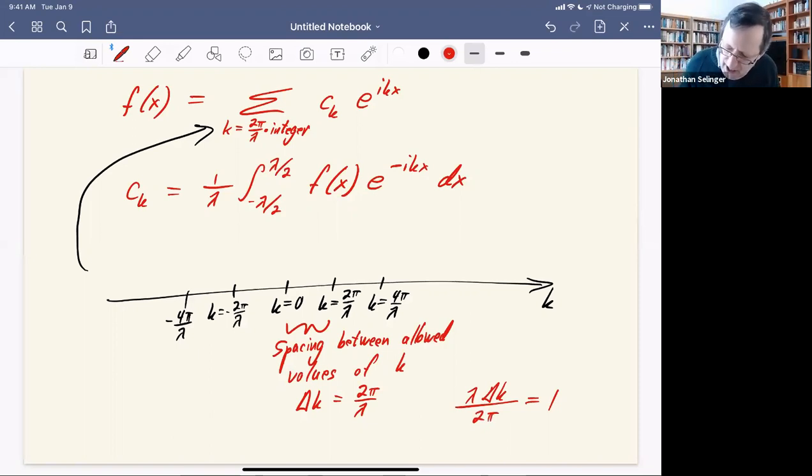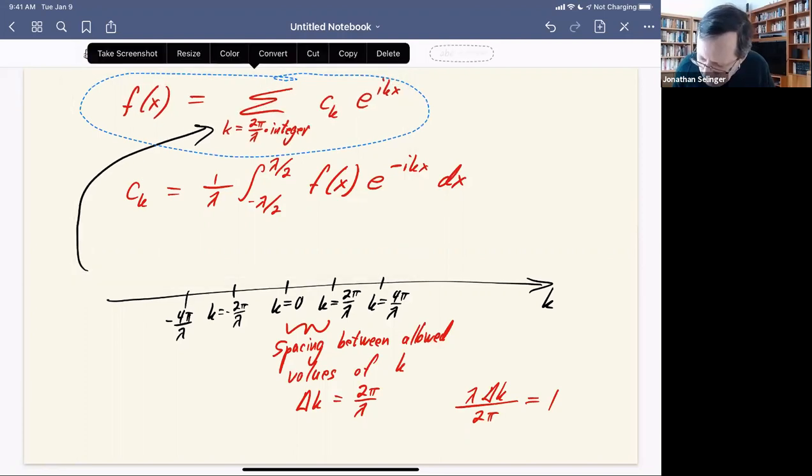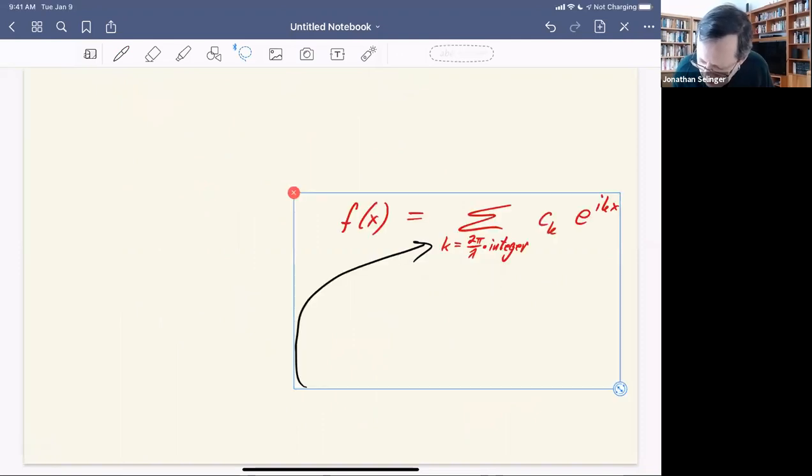Let's take this first equation. Copy, paste.